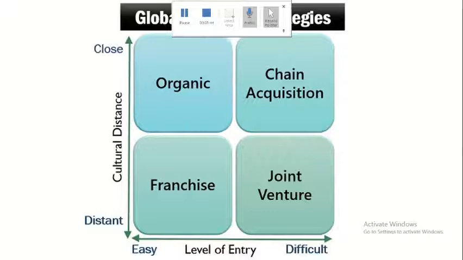It is a suitable strategy for culturally distant and accessible markets to enter. And then the last is joint venture. This is when the organization collaborates with an already existing company around the world to enter those markets which possess a high level of entrance difficulty and cultural distance.